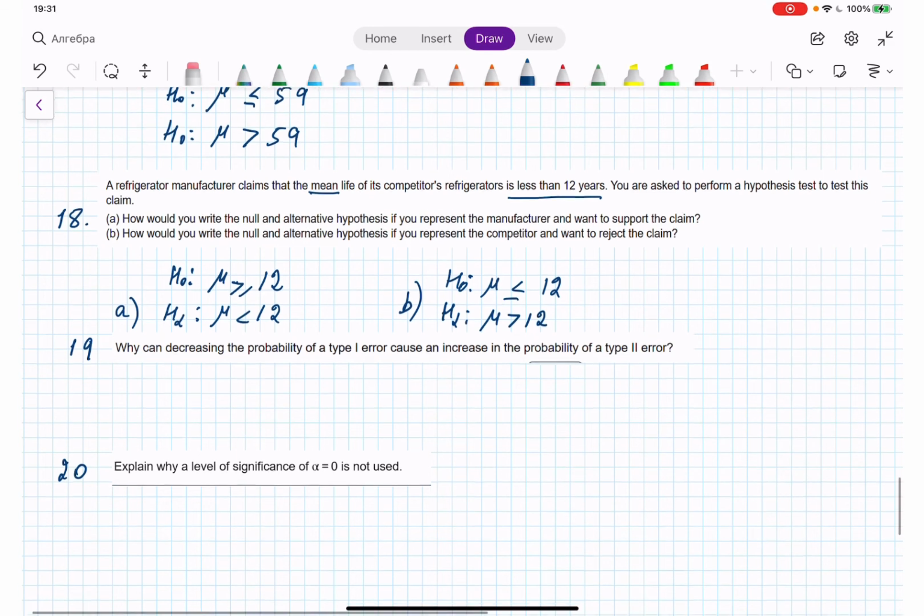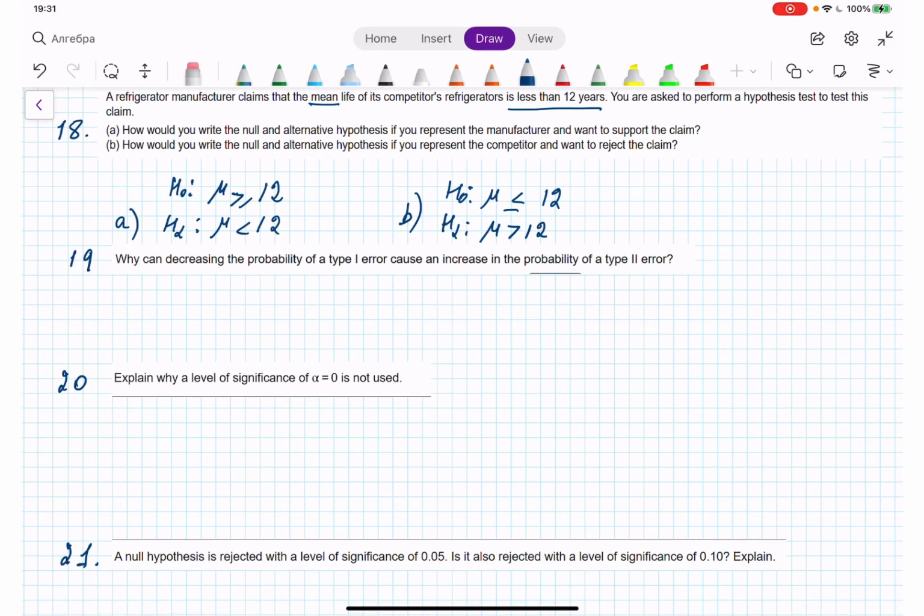Question number 19. Why can decreasing the probability of a type 1 error cause an increase in the probability of a type 2 error? Very good question. When we are talking about type 1 or type 2 error, it depends on alpha.